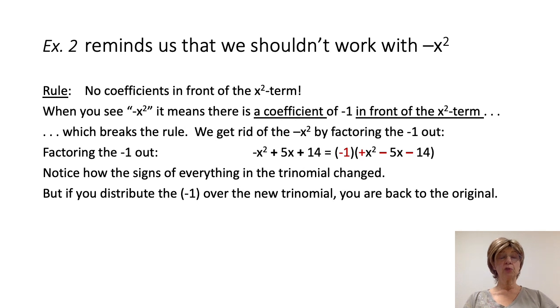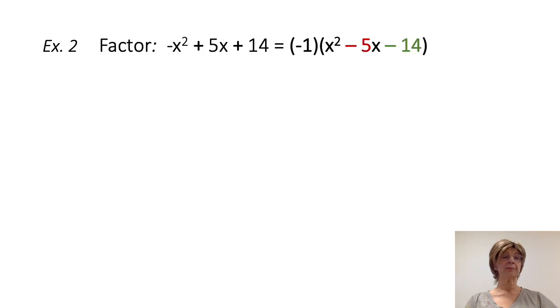But if you distribute the -1 over the new trinomial, you're back to the original. So now we're going to factor -x squared plus 5x plus 14, which we already factored one factor out, equals -1 times x squared minus 5x minus 14.